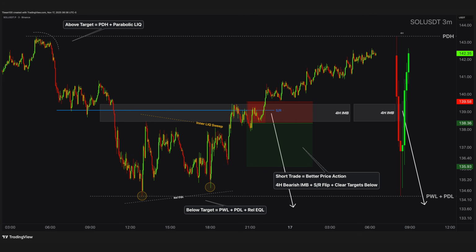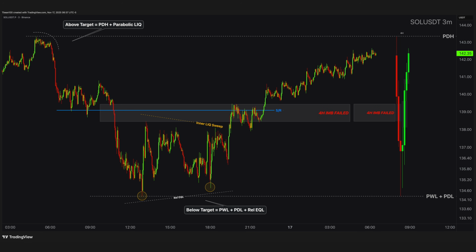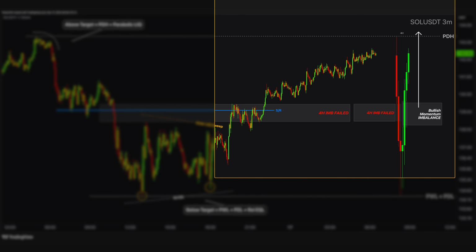But the reality is pretty cruel, because you can have a strategy that wins 90% of the time, but it can still fall apart on you. As you can see, this trade and the price action ended up failing really badly. This 4-hour imbalance was completely broken and it didn't work the way it was supposed to. Instead, we are now seeing a strong bullish imbalance forming on the 4-hour time frame upwards.